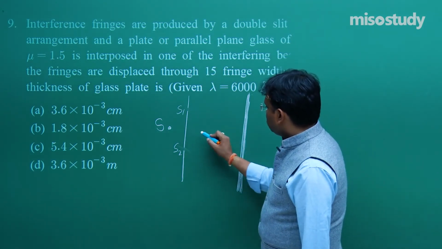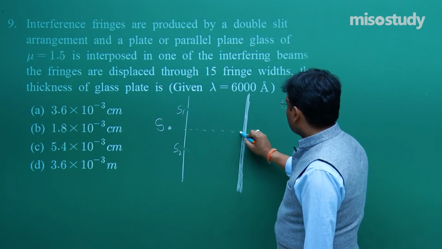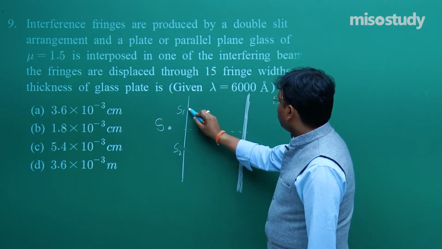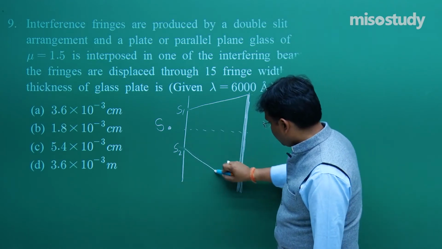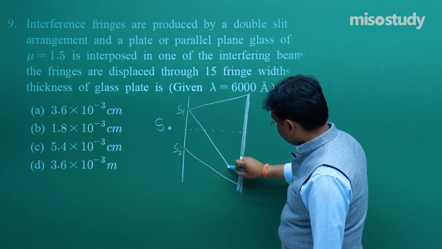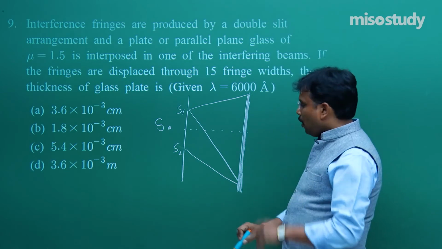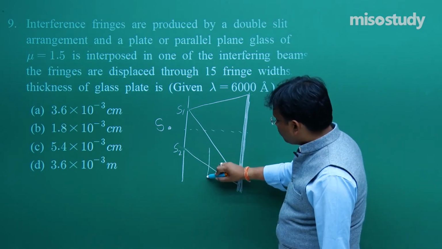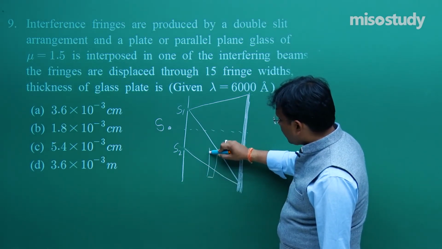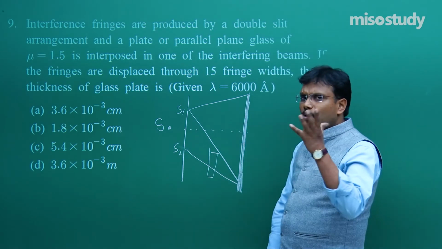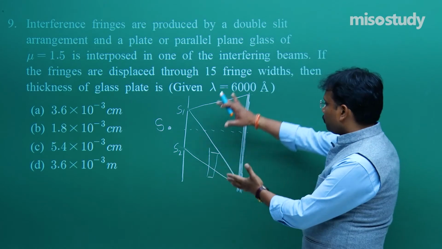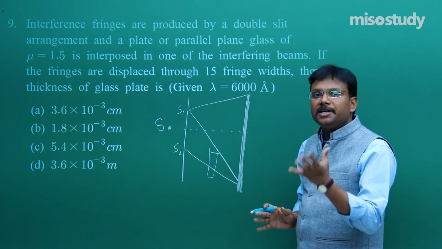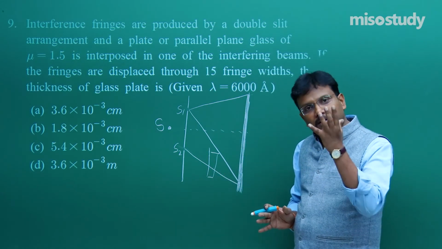What will happen? Let us say you are getting fringes at this place or at this place, anywhere like this. Now if I introduce a glass plate of some thickness and some refractive index, obviously some optical path difference will come into the picture. So the discussion is associated with that optical path difference.